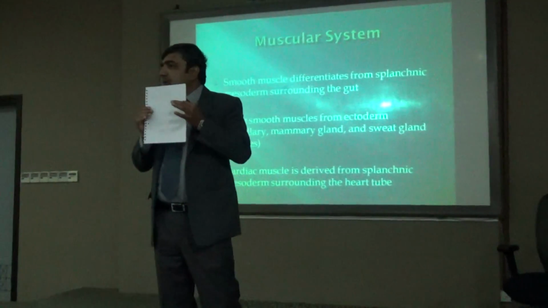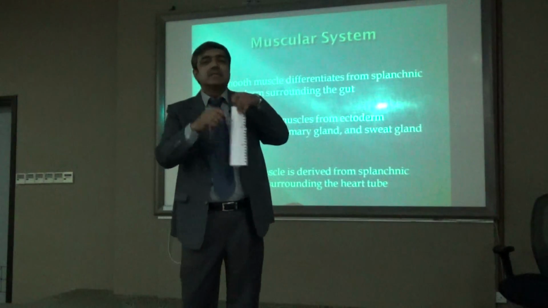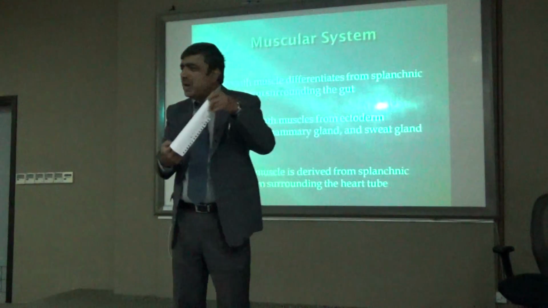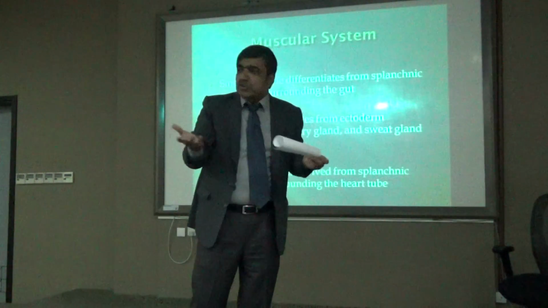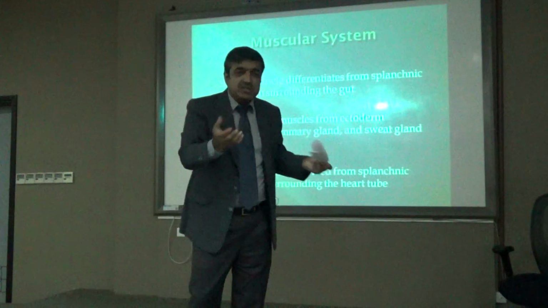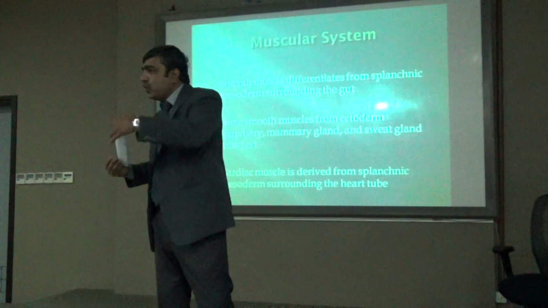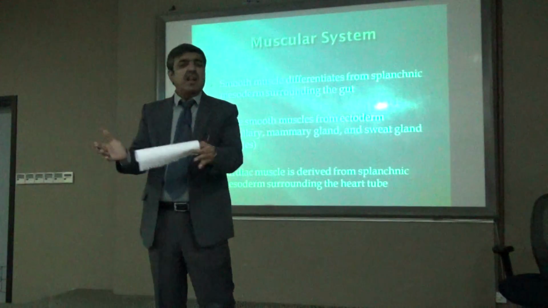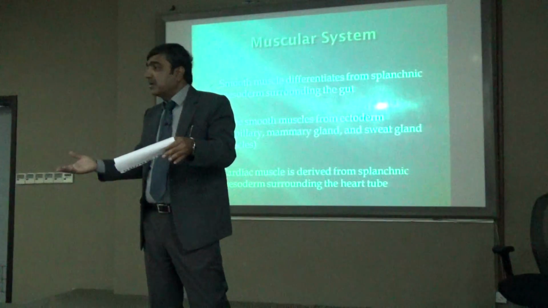This portion is endoderm. If I fold it like this, the GI tract is a tube-like structure, isn't it? Either it is the esophagus, the stomach is also a tube but slightly dilated, the small intestine is a tube like this. The large intestine is also a tube, but in some area it is slightly dilated, some area constricted, some area much dilated like the stomach.